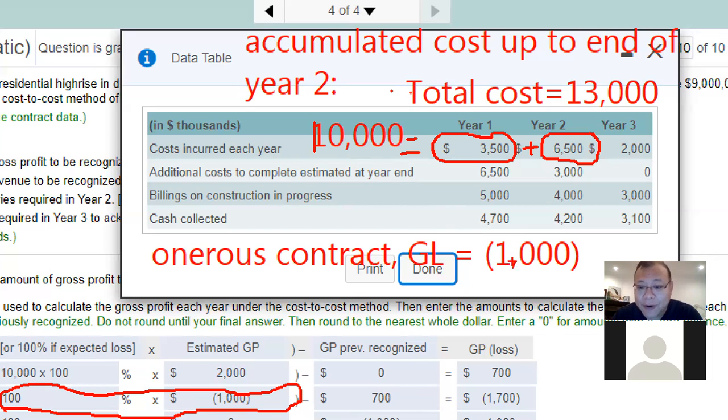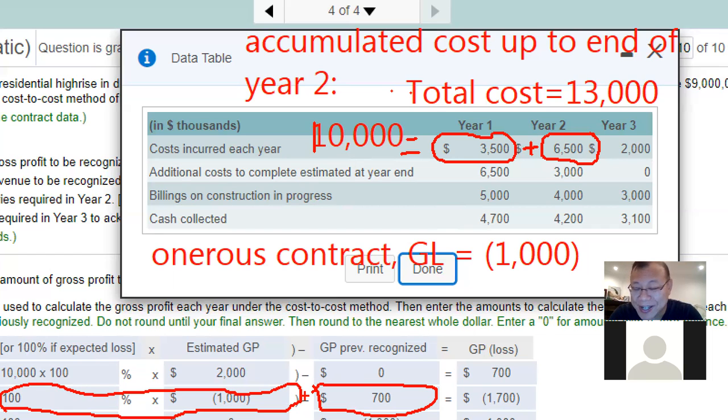However, in the first year, you recognized a profit of 700,000. You have to reverse it, right? Because you know better now, there's no profit on this contract. Whatever profit you recognized previously has to be reversed.